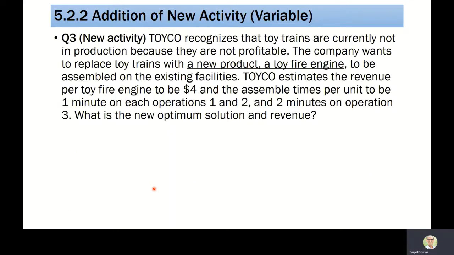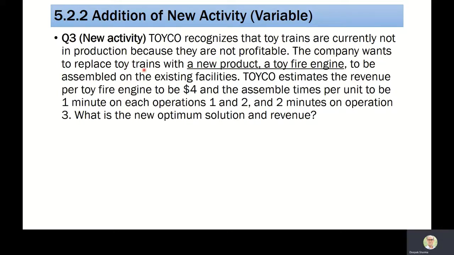Now I'm coming to the last case, that is addition of a new activity, meaning a new variable. How do we understand it? Let us read this question. TOYCO recognizes that toy trains are currently not in production because they are not profitable.